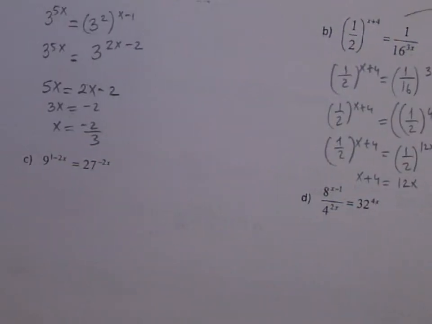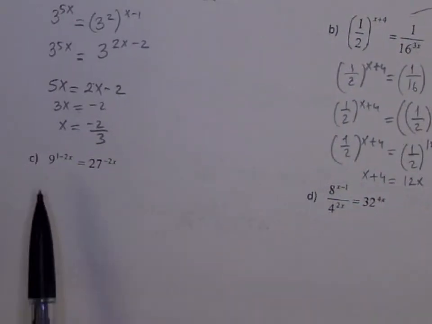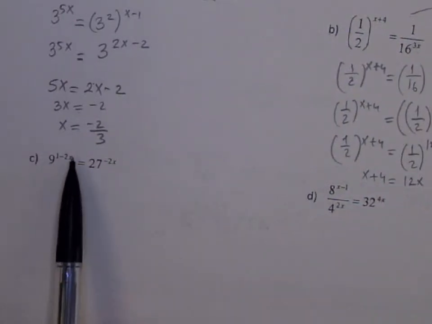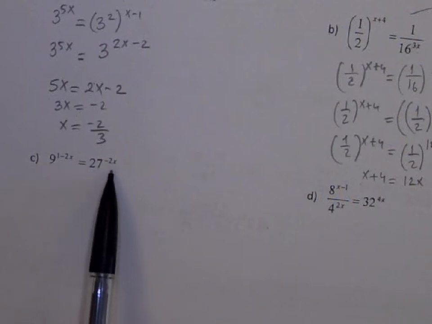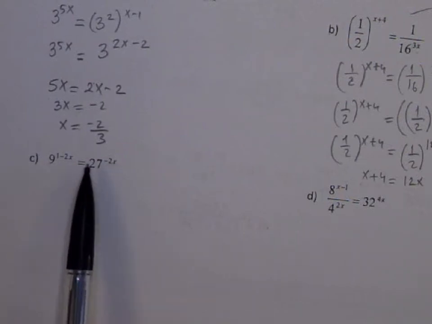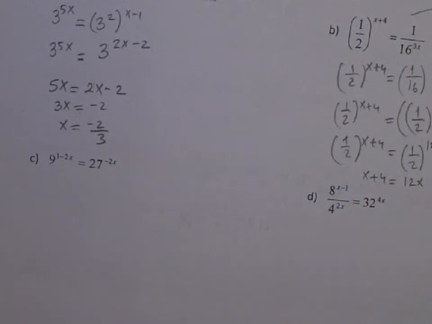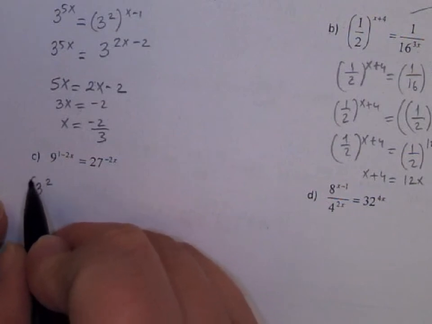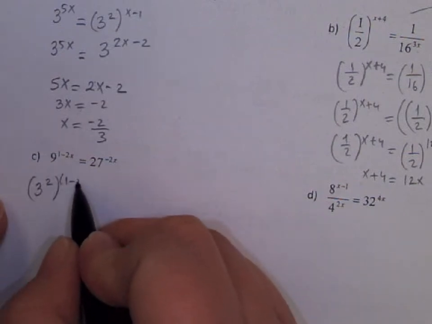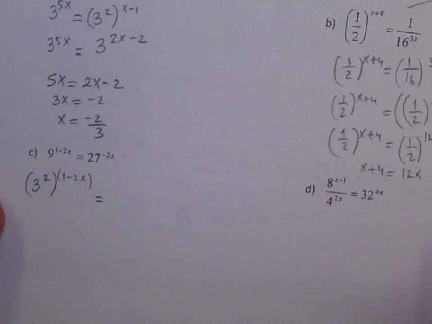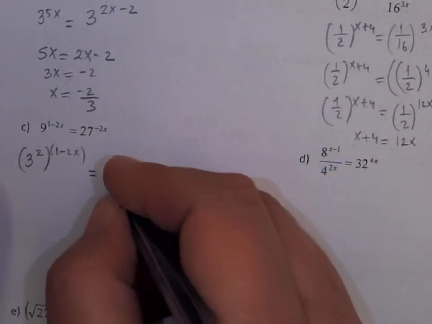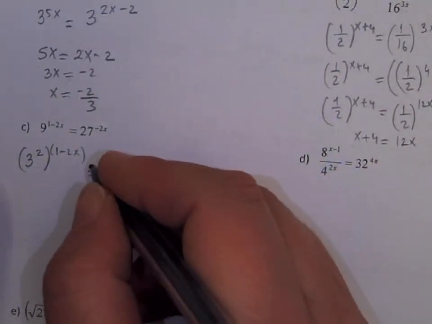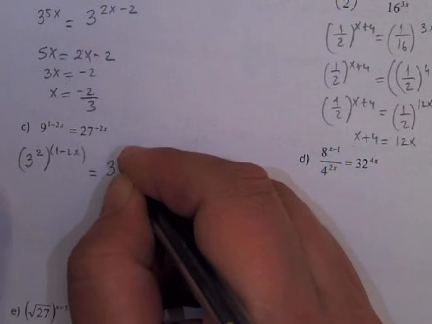Let's look at C. We have 9 to the power of 1 minus 2x equals 27 to the power of negative 2x. So 9 and 27 are multiples of 3, so we can write both sides with base 3. So 9 is 3 squared, that is raised to the power of 1 minus 2x, and 27 is 3 cubed, so this is 3 cubed.